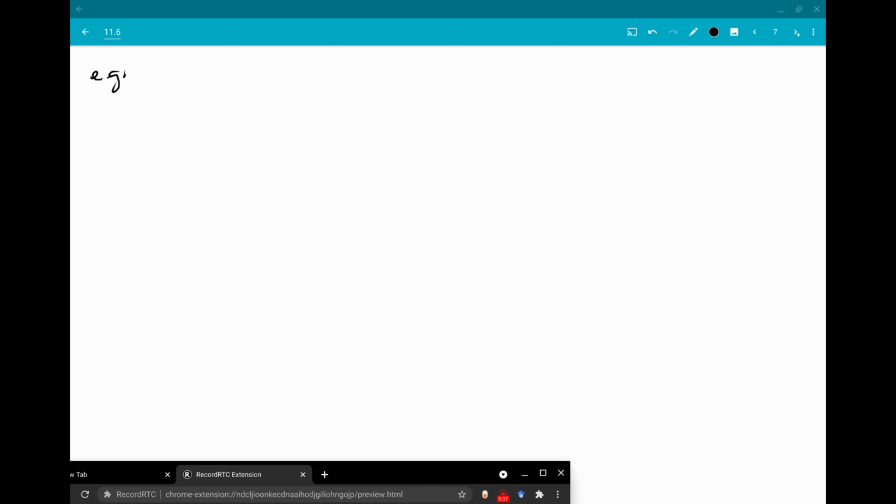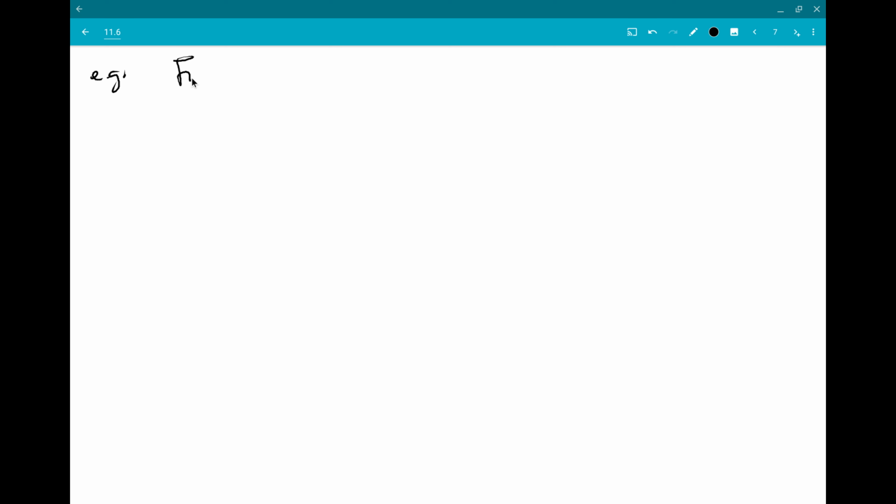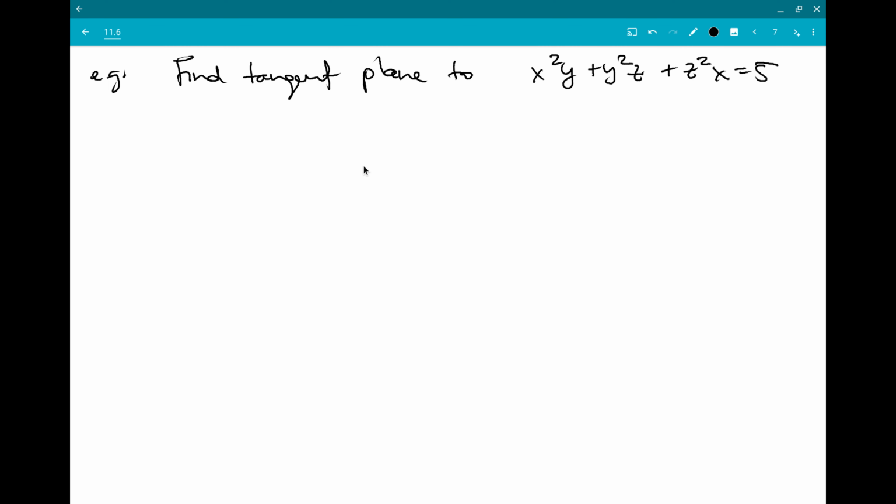All right, so we're going to find the tangent plane to the surface x squared y plus y squared z plus z squared x equal to 5 at the point 1, minus 1, 2.